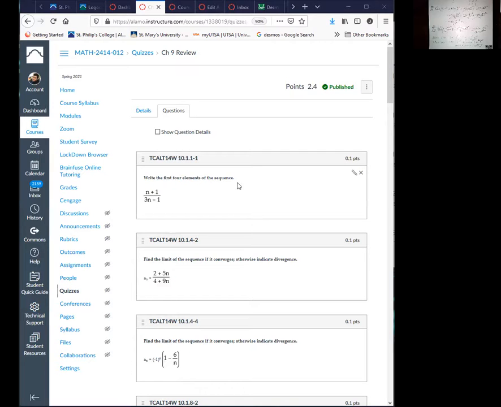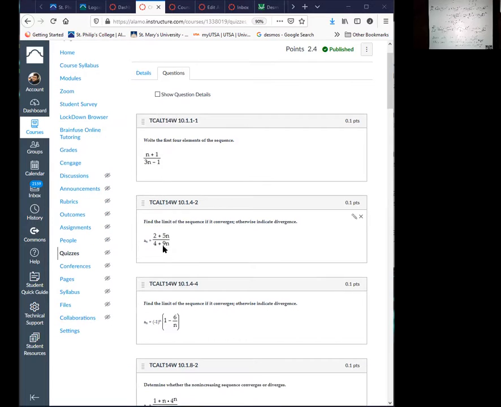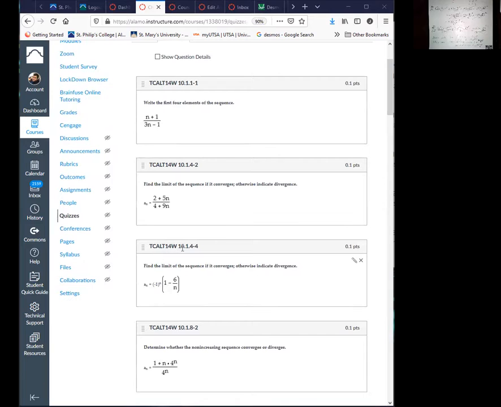It'll start off with some sequences. It starts off pretty easy. It says list the four elements of the sequence. Literally, you plug in 1, 2, 3, 4, and then you get 4 terms, right? So with this one, you find the limit of the sequence to determine divergence or convergence, right?